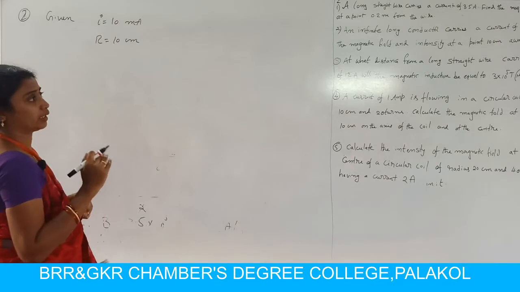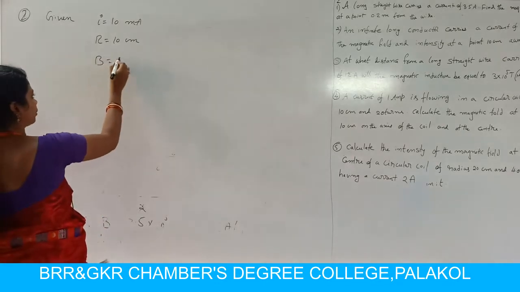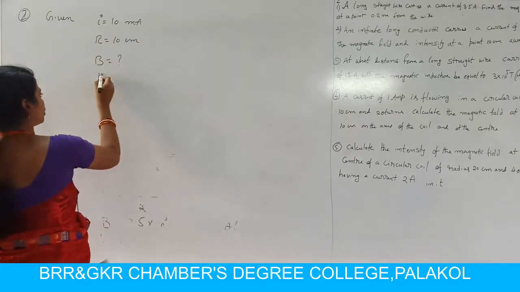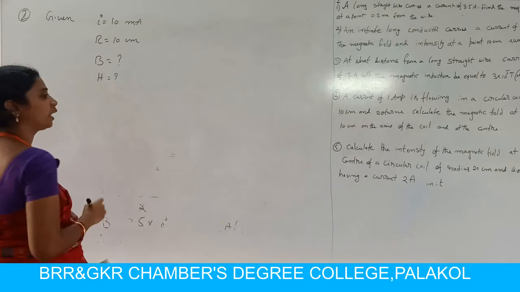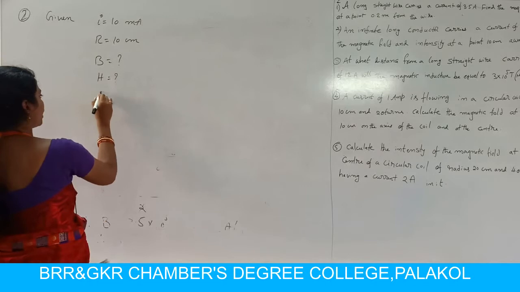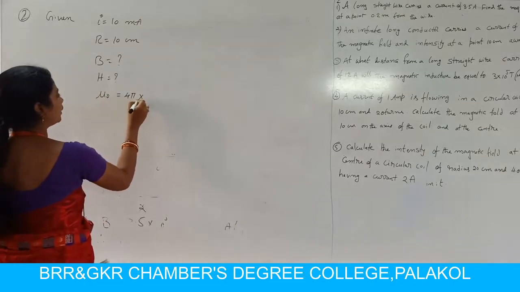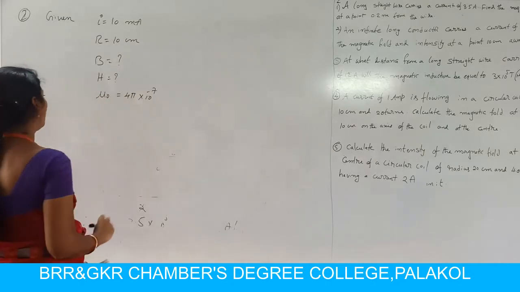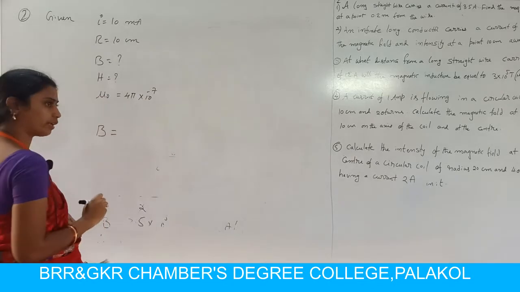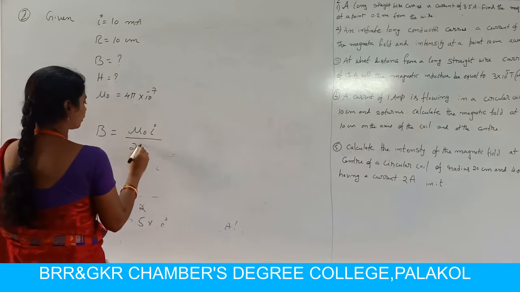We calculate the magnetic field induction and also the intensity of magnetization. Here the intensity of magnetization is indicated with the letter H. So we first calculate B and then H. We also know mu naught is equivalent to 4 pi into 10 to the power of minus 7. The formula for the magnetic field of a straight wire is mu naught I by 2 pi r.